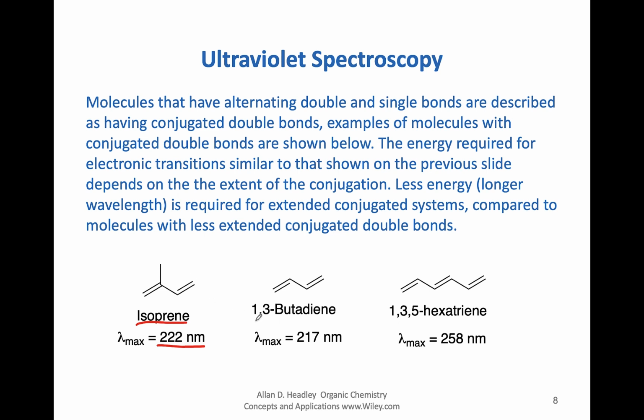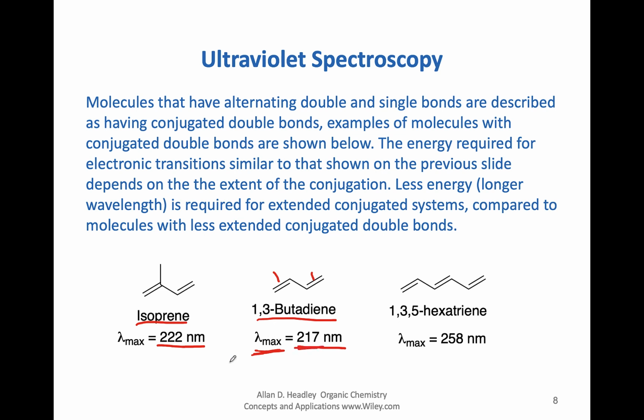Here is 1,3-butadiene, which has 2 double bonds in conjugation, and it requires that energy. Of course, the energy is now expressed as wavelength, lambda max. Max here means the exact point at which that transition occurs.